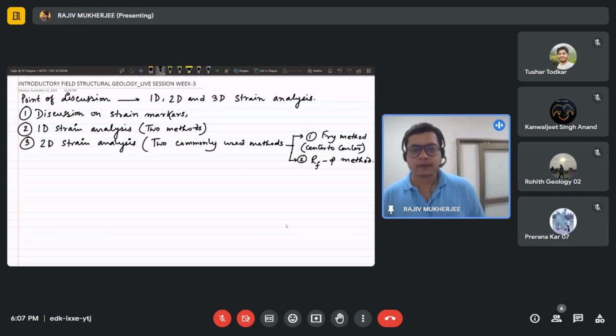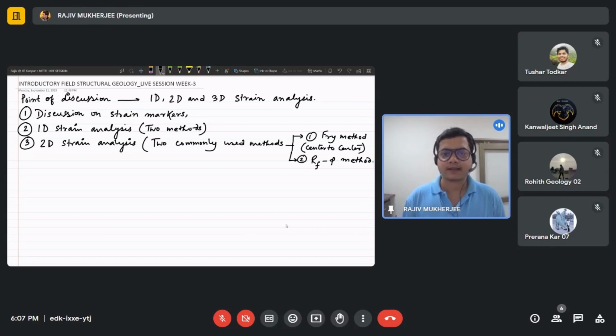We will elaborately discuss these different strain analysis methods and their theoretical background and how to perform these practical exercises step by step. And finally, we will touch upon three-dimensional strain analysis, in which we will also discuss the Flynn diagram.